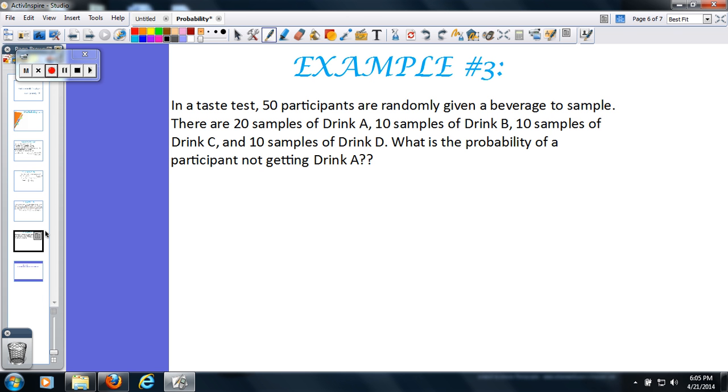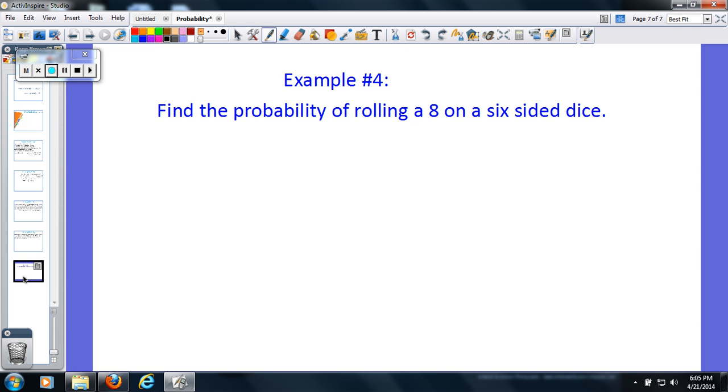There are 20 samples of drink A, 10 samples of drink B, 10 samples of drink C, and 10 samples of drink D. What is the probability of a participant not getting drink A? Okay, and then example number 4 says find the probability of rolling, it should actually be an 8 on a 6-sided dice. Okay, so these are your 2 questions.